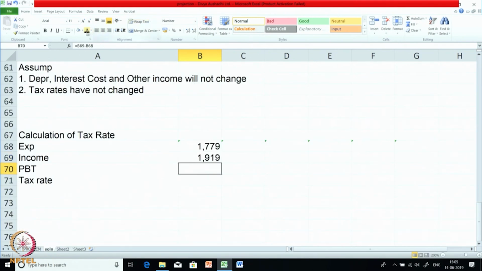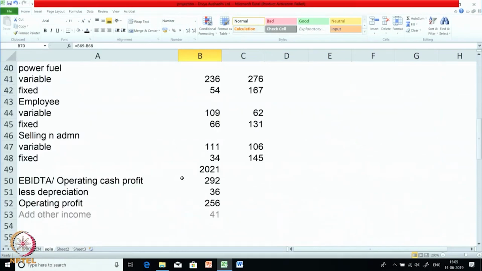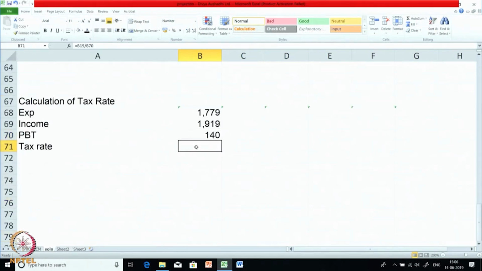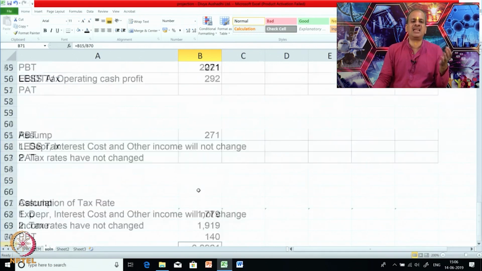Profit before tax is 140, and the tax charge on the company which was given was 41. So calculate 41 as a percentage of 140. So you can see the formula, B15 upon B70, that is 41 upon 140, you will get 0.29 or close to 30%. This is the tax rate applicable to the company in the last year.